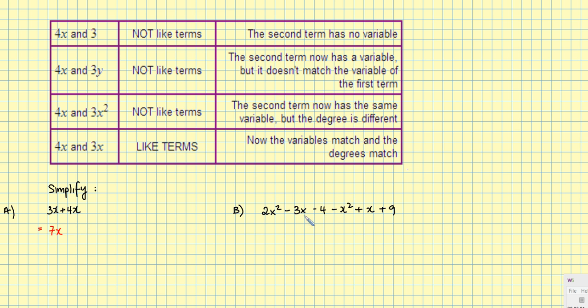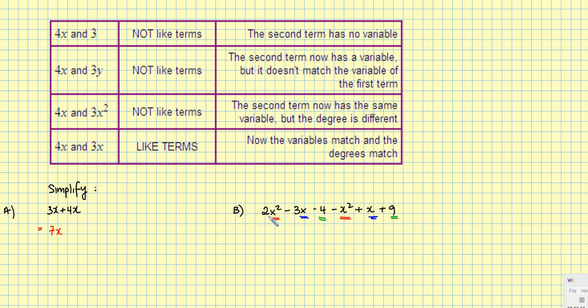Okay, for the second example, we're going to look for like terms again. So I've got an x squared here and an x squared there, which I've color-coded in red. Then I've got an x and an x that I've color-coded in blue. And then I have my remaining values to be -4 and +9 in green.